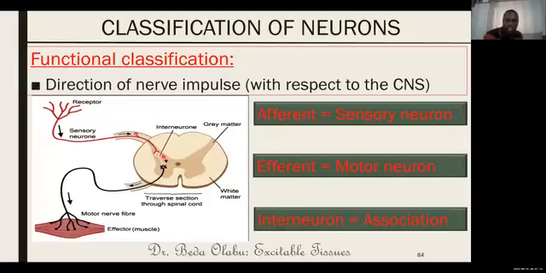I don't want you to go into the details of how big is a type A and how small is a type C. The only thing I want you to remember is that this variation is based on the diameter. So the wider ones will be A and the thinnest one will be C. And that means that the A ones are the ones which will transmit signals faster. Good.